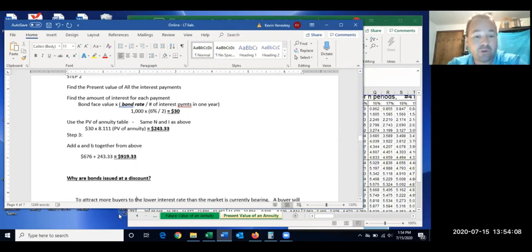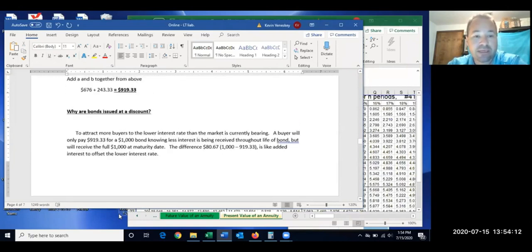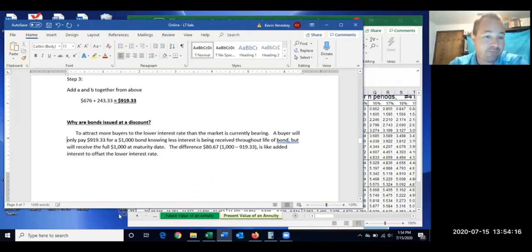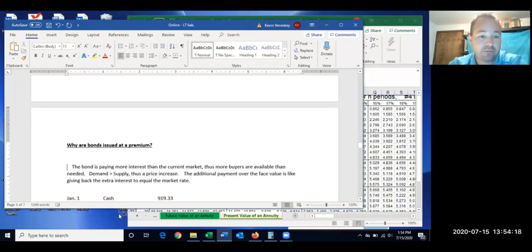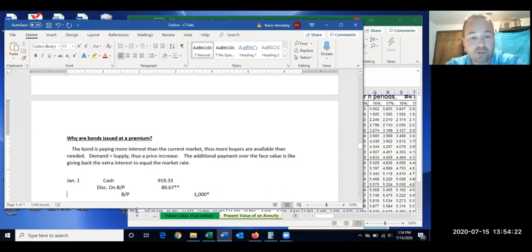Now we're ready to do the journal entries. You can read through these in my notes. Again, it's just explaining why bonds are issued at a discount. I've tried to do that as we went along, but maybe we'll refresh it a little bit more. Let's look at the journal entry here. Our cash, that's what I'm selling it for. Discount is the difference between what I sold it for and what its face value is.